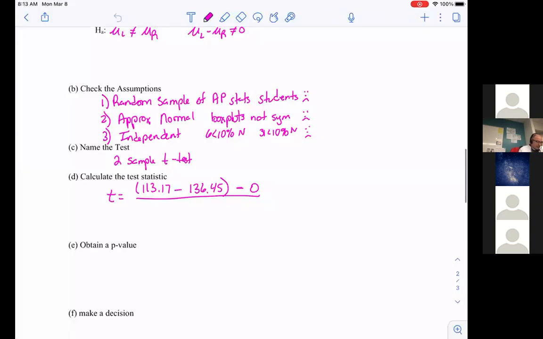We were trying to fill out my maze activity. So we have the standard deviation of 113.17 squared divided by my sample size of 6 plus, and again, even though we're doing the difference between these two means, we need a standard deviation, not a mean.